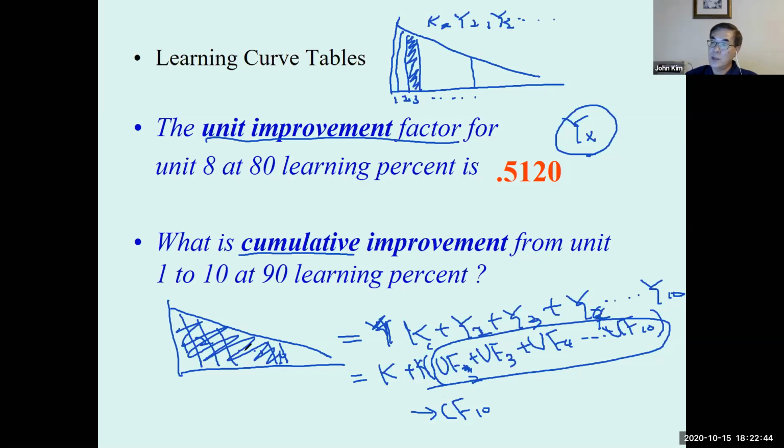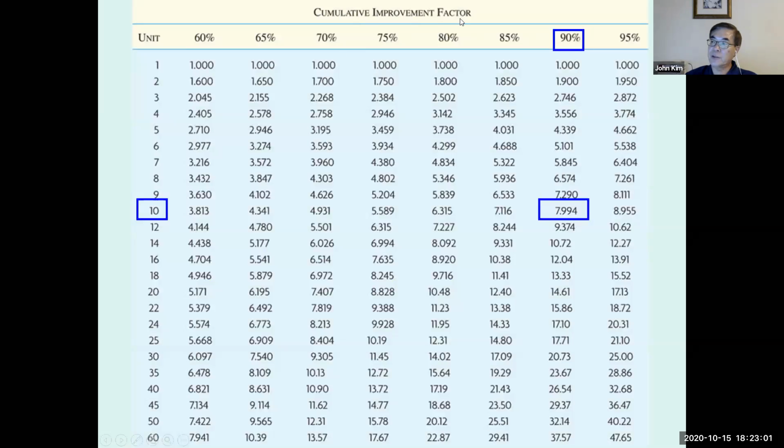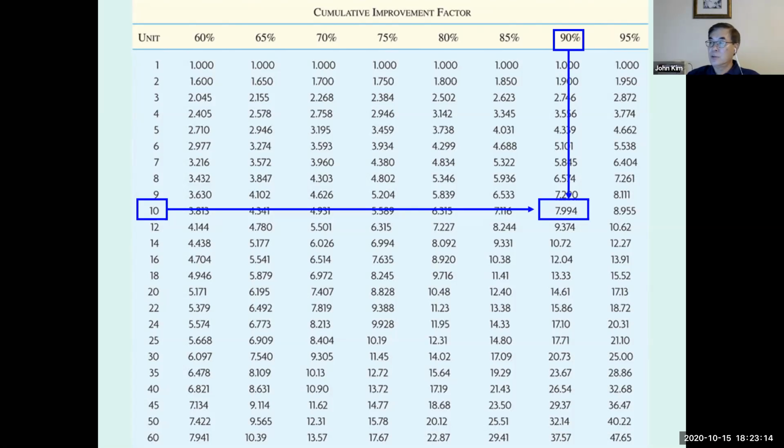So what is the cumulative improvement factor from 1 to 10 at 90%? That is from the second table, cumulative improvement factor at 90% and 10, which is 7.94. So that is the sum of unit factors from 1 to 10.